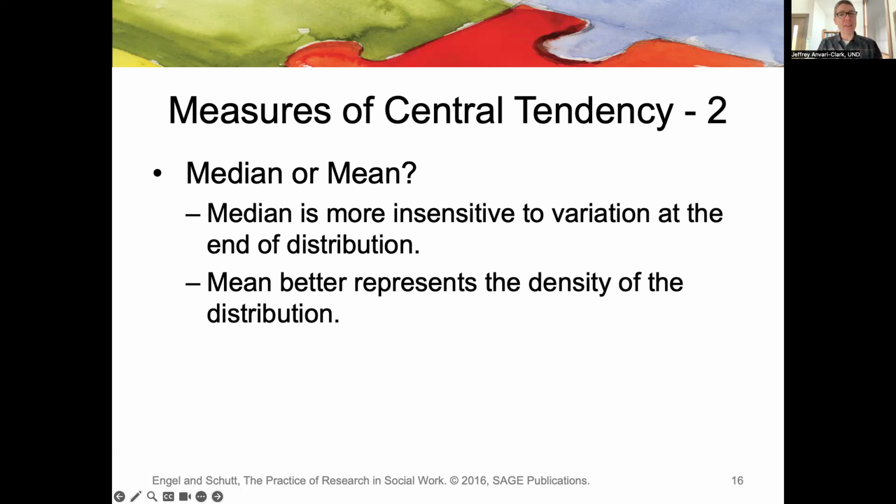You're trying to average the total income of people, and having Bill Gates in the equation really skews all of the data. So in that case, you would want to use the median, because it's less sensitive to the outliers at the ends of the distribution scale, the tails of our scale. Whereas the mean is good for the density, and showing us that stuff in the middle, and how that's best represented.